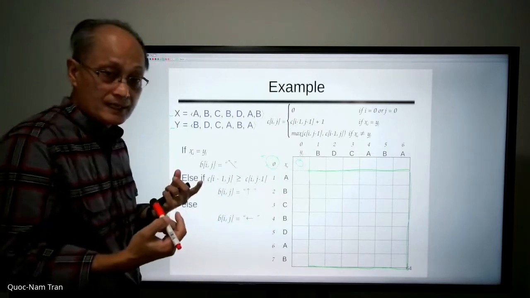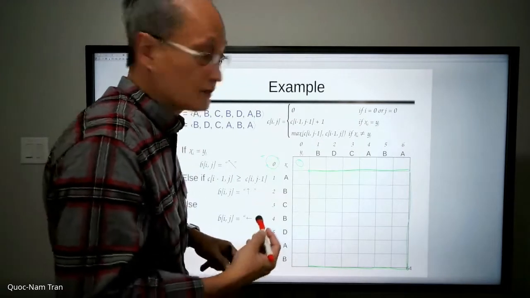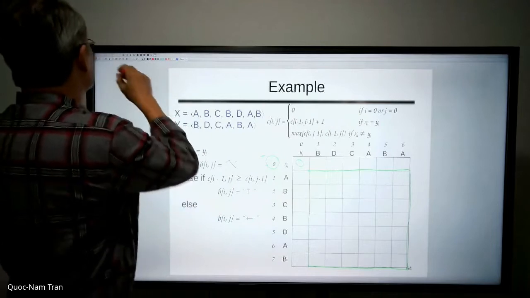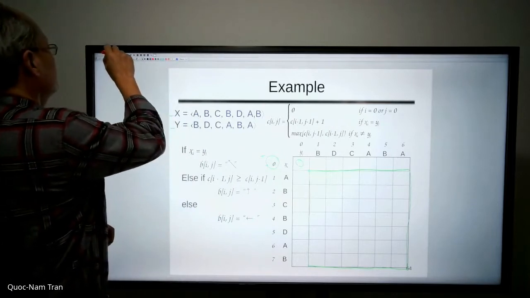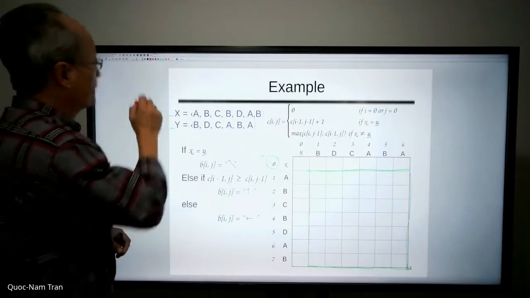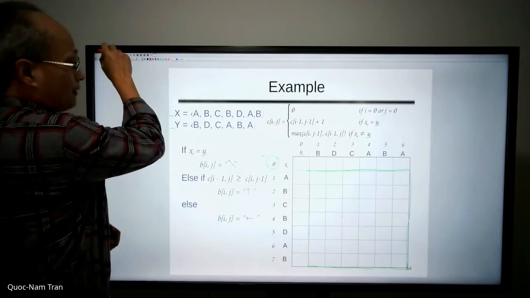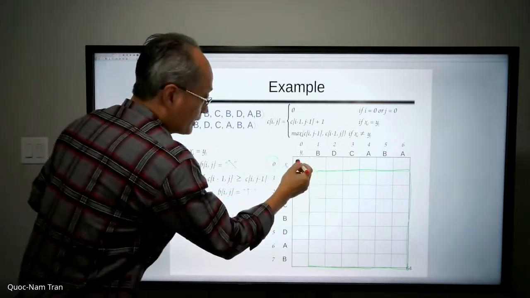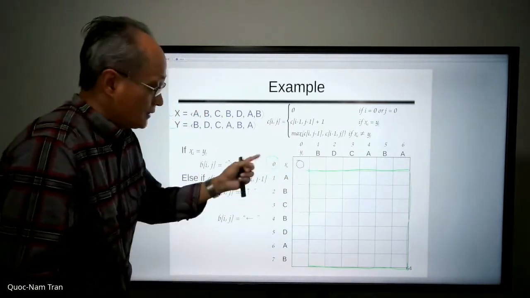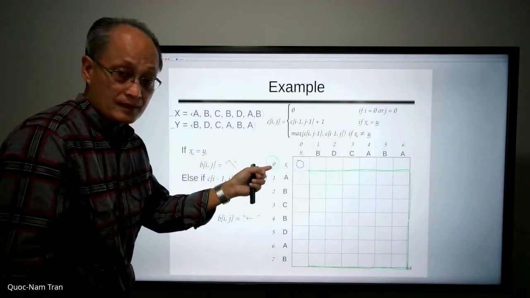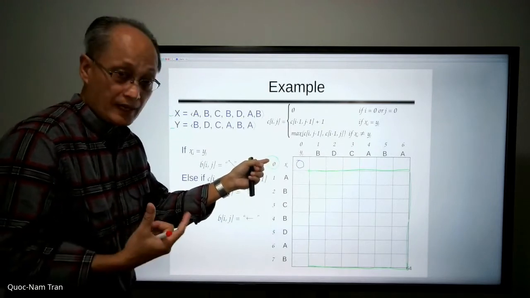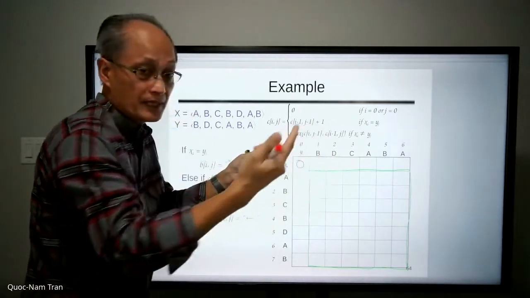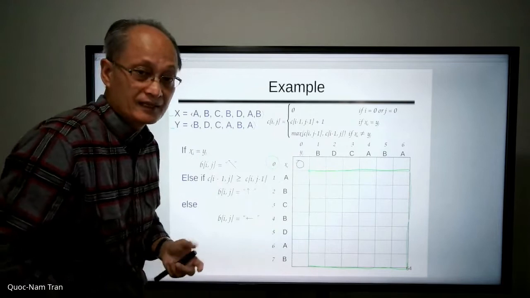I think I have to change the color here a little bit. It's a little bit hard to see. Okay, so here we have 0. If the first string has 0 elements, then whether or not the second string has 1, 2, or 3 elements doesn't make any difference, right?